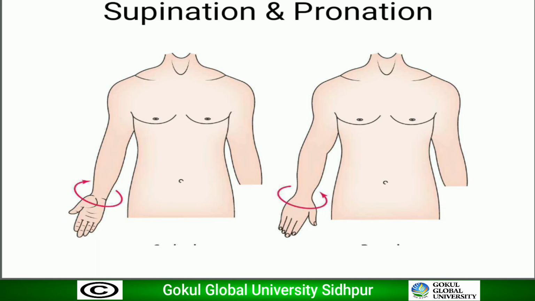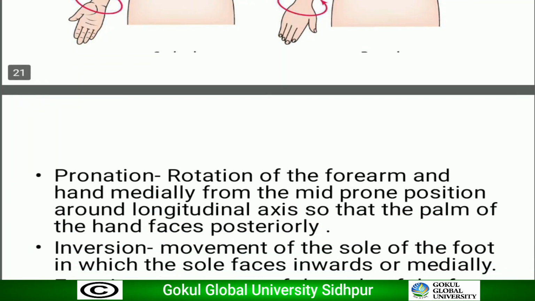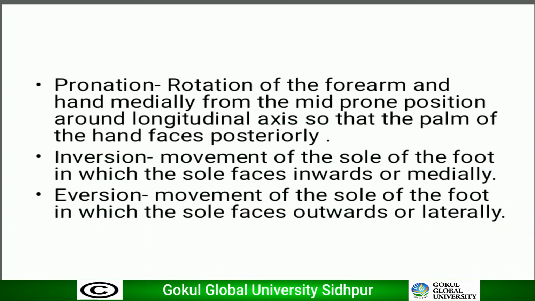Opposite, palm faces posteriorly, that is pronation. Rotation of the forearm and hand medially from the mid-prone position around the longitudinal axis so that the palm of the hand faces posteriorly.